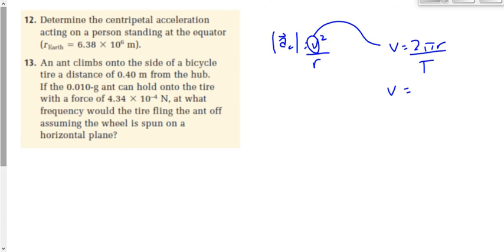So the speed is 2 times pi times the radius of the Earth, 6.38 times 10 to the 6, divided by the period, which is 24 hours, or 86,400 seconds. Where did that number come from? We multiply 24 by 60 to get minutes, and then multiply by 60 again to get seconds, and it works out to be 86,400.